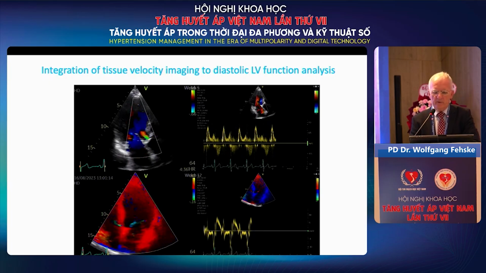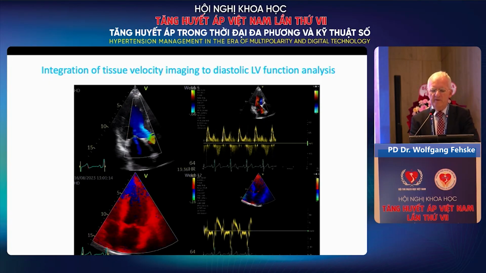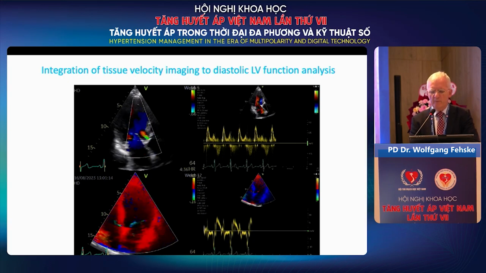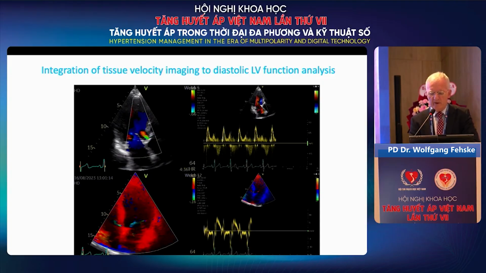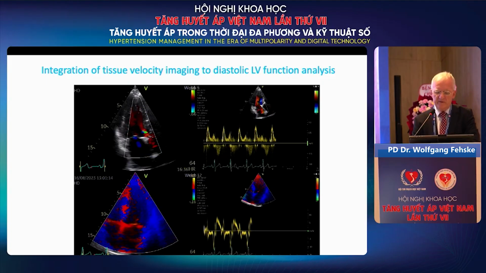And then it was obvious that if you have such a normal appearing diastolic inflow with the mitral valve, you might have in some patients reduced E prime and A prime, which is larger than E prime.